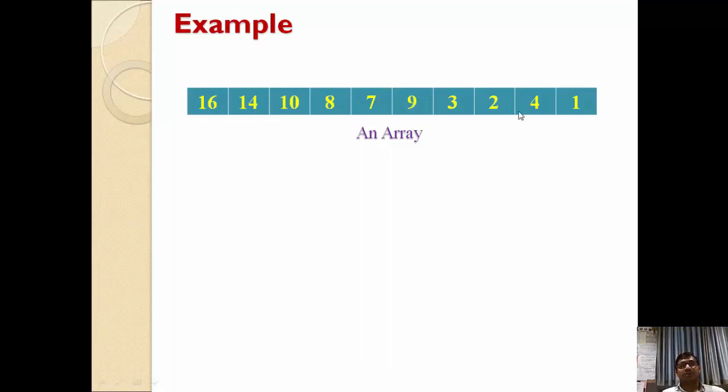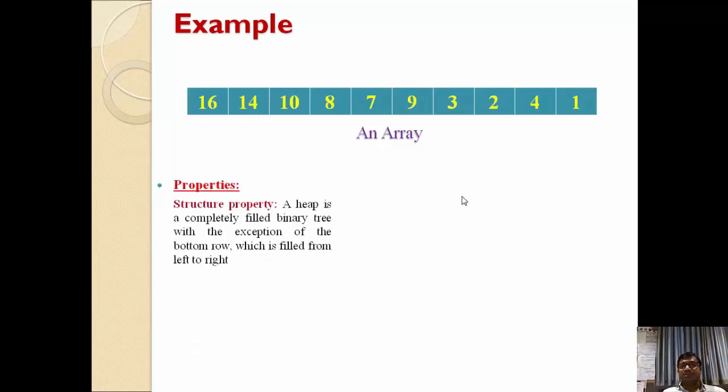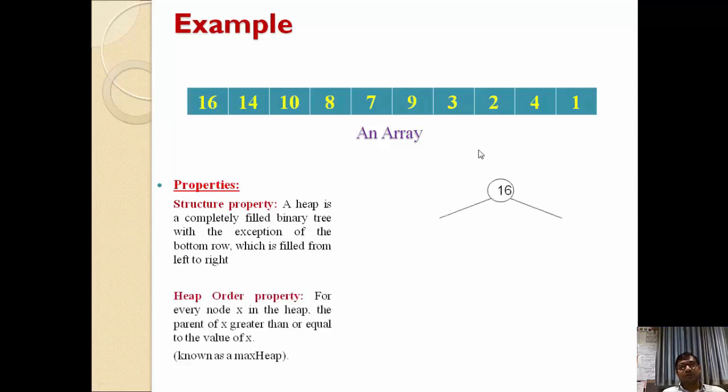Now we want to represent this array as a complete binary tree using the properties of the heap data structure. As we already discussed, the first property is the structure property. It says that when we store the values from the array, we consider the first element as the root node. So 16 is our root node.